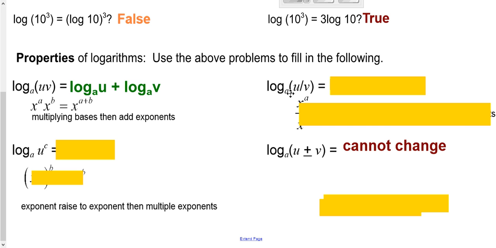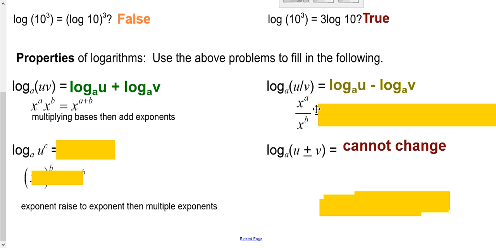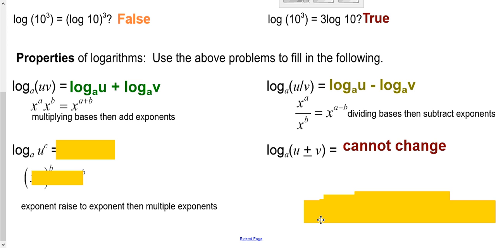On the top right over here, a log of 2 things divided, you take the log of the first minus the log of the second. And that's related to the idea with exponents that when you are dividing your bases, that you subtract your exponents. This one here, remember, log base a of c is an exponent.